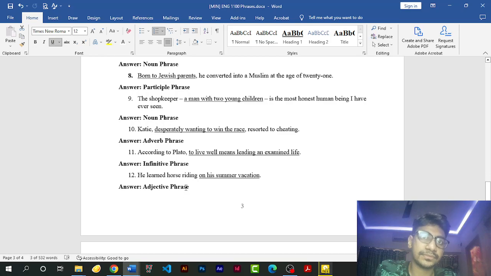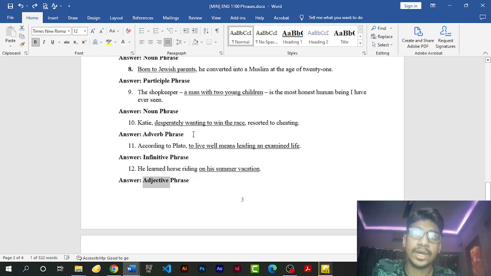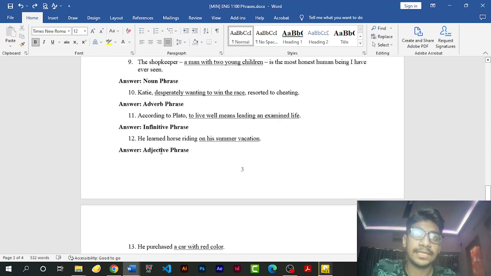Look at this. Number 12: he learned horse riding on his summer vacation. On is actually a preposition, right? In, on, at. So on is a preposition, but it is not a preposition phrase. Why so? That is because on does not refer to a place.